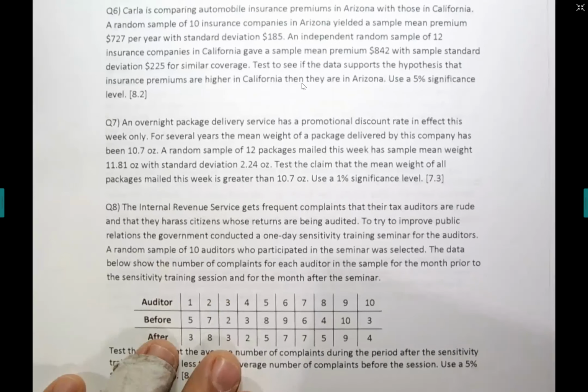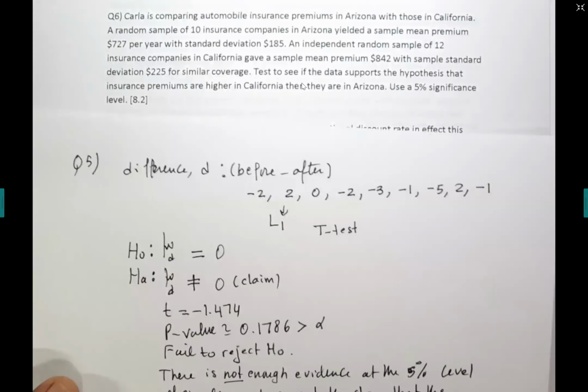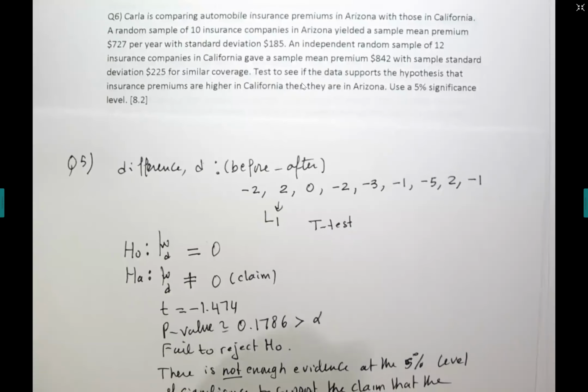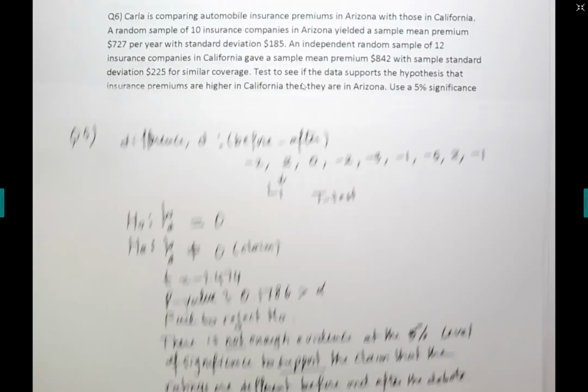Let me just prepare that. So question 6, we have Arizona, and we have California. It says in Arizona, she picked 10 insurance companies. N1 is 10, and it's got a sample mean X bar 1, which is 727, and a standard deviation of 185. You can see here.